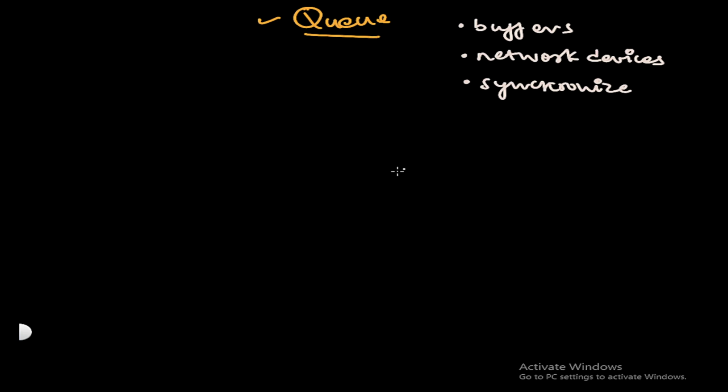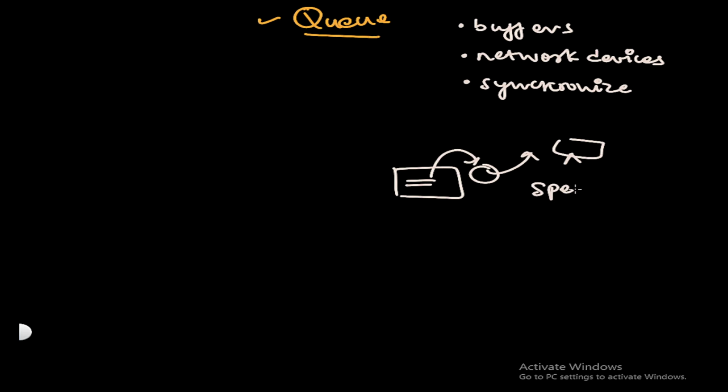When you type anything on your keyboard, firstly it goes onto a buffer, then it comes to your CPU, your monitor. It does not come directly to your monitor. The speed of the monitor and the speed of the keyboard are different. So to synchronize the speeds between them, this kind of thing is used, which is known as a queue.